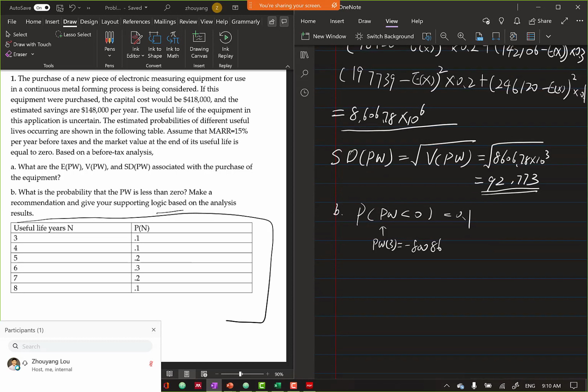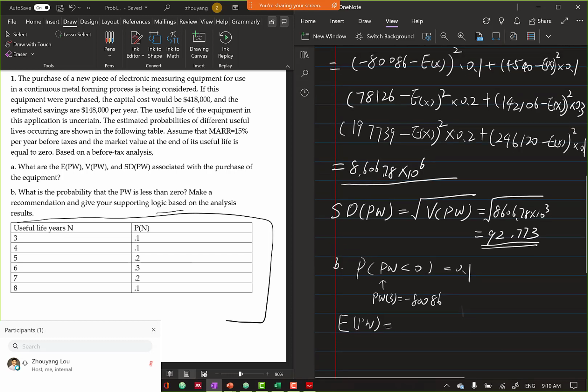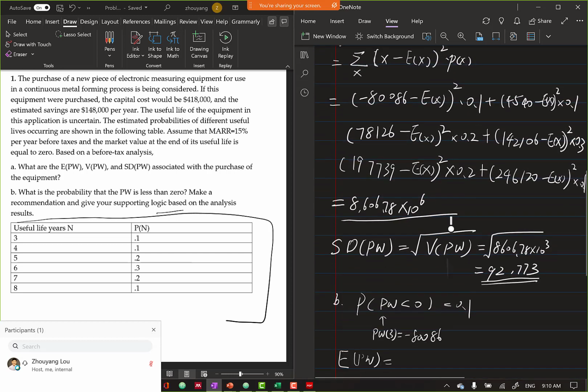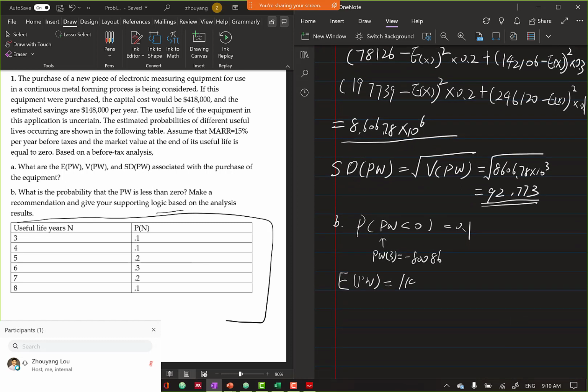And for the recommendation on purchasing this equipment, first we have the expectation of the present worth. That number is 114,862, and that's a positive number even when considering the variance or standard deviation.